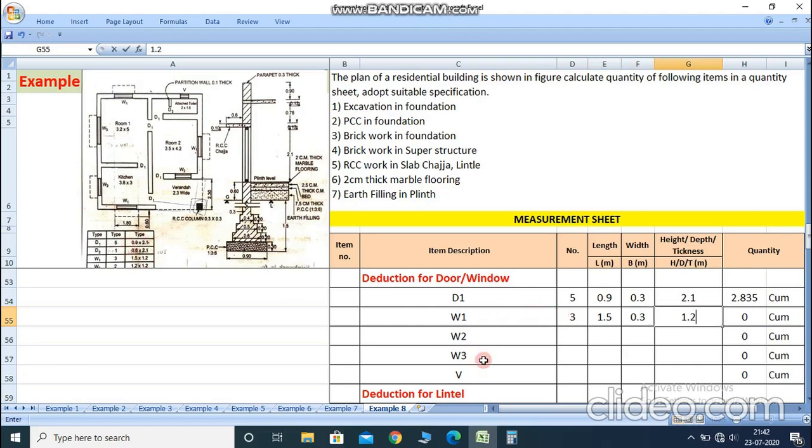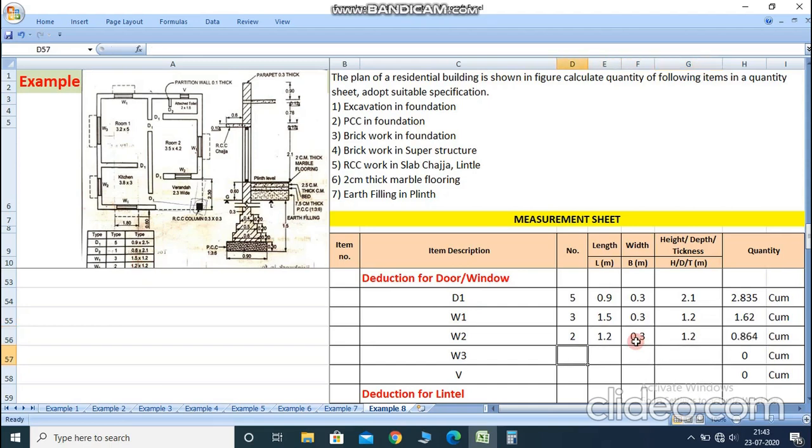From this table we put the values in this measurement sheet. Now W2, number of W2 windows given is 2, so right here 2. Then length is given 1.2, so right here 1.2, 0.3 meter wall thickness. Then height is 1.2.